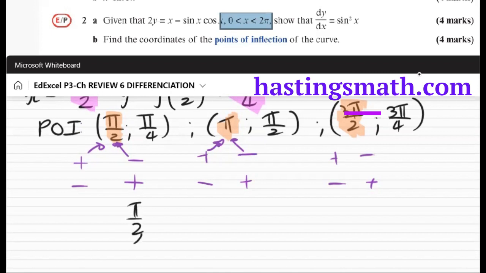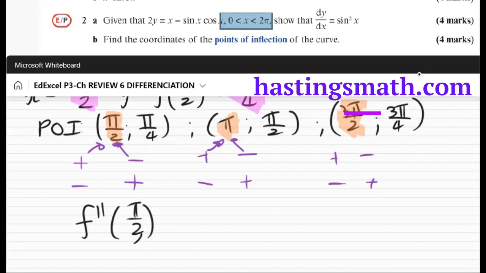So that's on one side. And then they checked that. When they sub that into the second derivative, so you find f double dash of this. Okay. So you sub that into the second derivative.